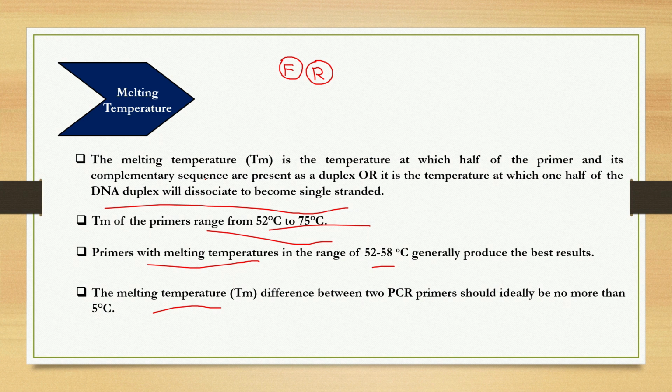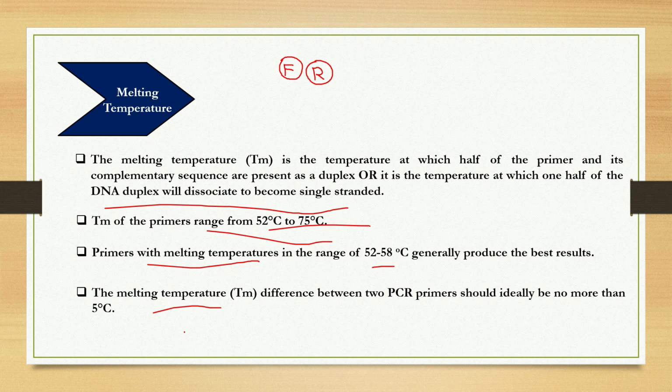So while the annealing temperature comes, if the melting temperatures of your primers are very different from each other, and not within the range of 5 degrees Celsius or so, during the annealing the primer will not bind to the target sequence efficiently because of the temperature difference, and that is why the efficiency of the PCR will be inhibited, or you can say it will be affected. We don't want that.